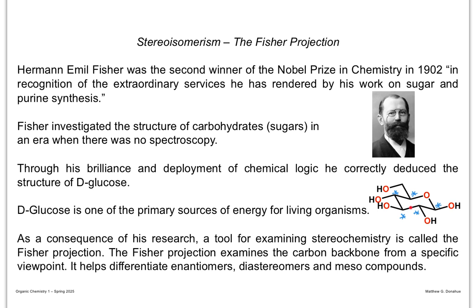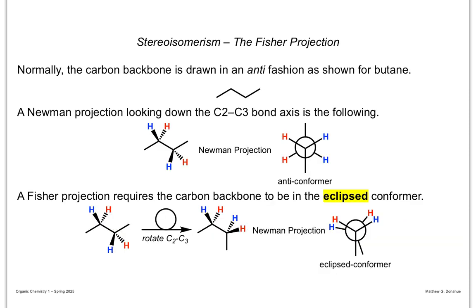So that molecule, glucose plus 15 other stereoisomers, fall within that family. And Fischer spent his time figuring out that is glucose. So that's one of the primary sources for energy in living organisms. So we want to use this thing called the Fischer projection to help us determine if a compound is meso or not.